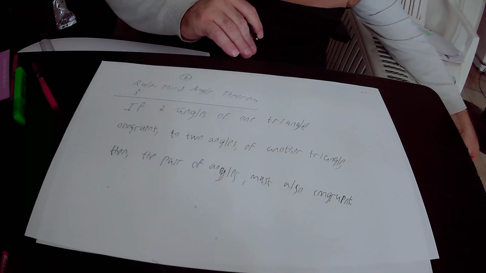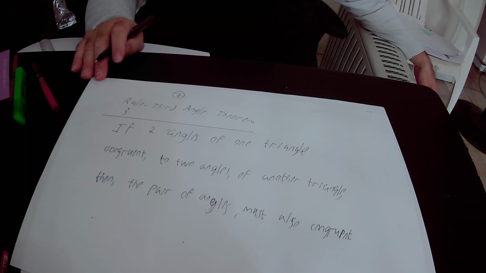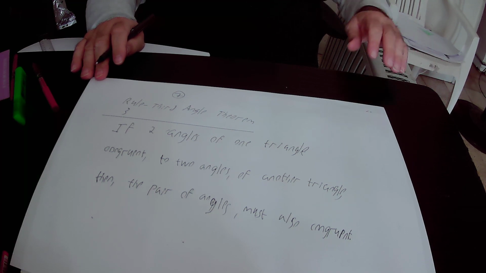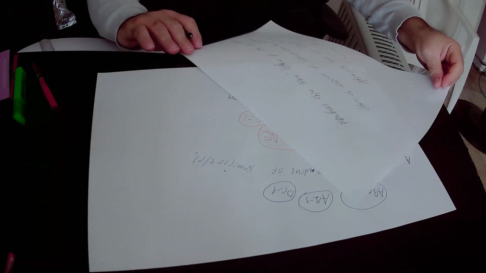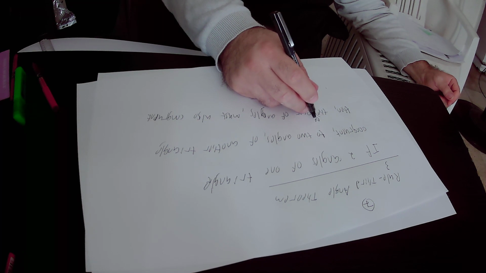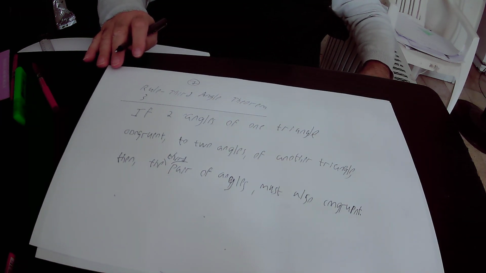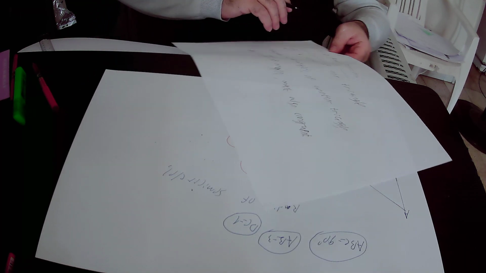According to the third angle theorem, if two angles of one triangle are congruent to two angles of another triangle, then the third pair of angles must also be congruent. So what is the meaning of rule number 3, or the third angle theorem?